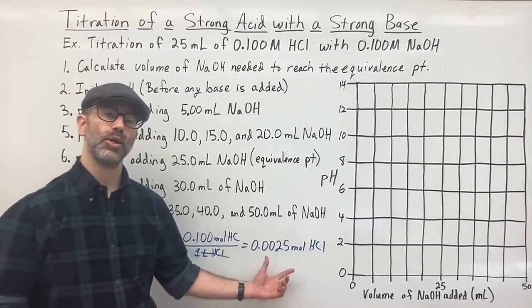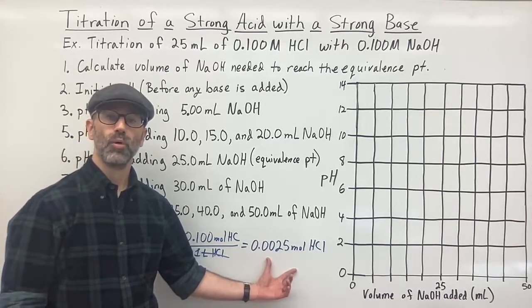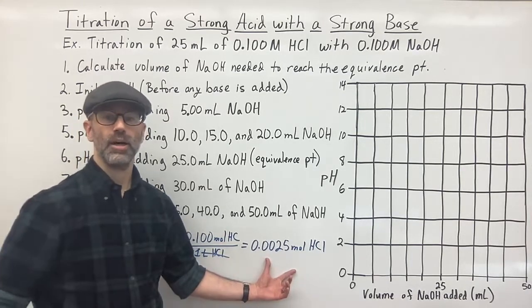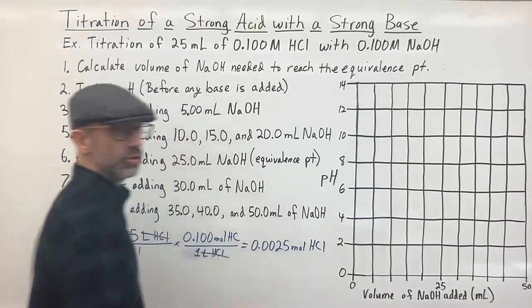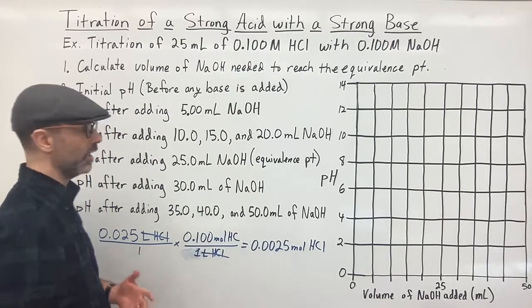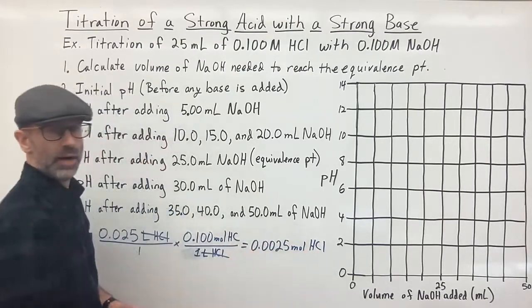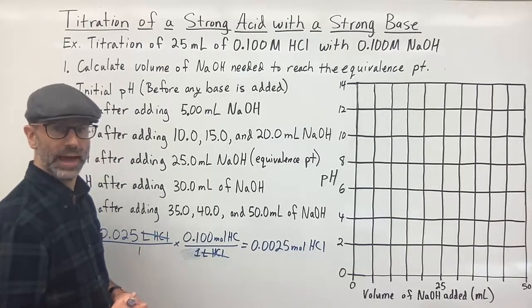That means at the equivalence point, it must be the number of moles that must be added of our NaOH. Since this is the number of moles that we need to add from our NaOH solution, now we can use this to figure out the volume of base we need to add.